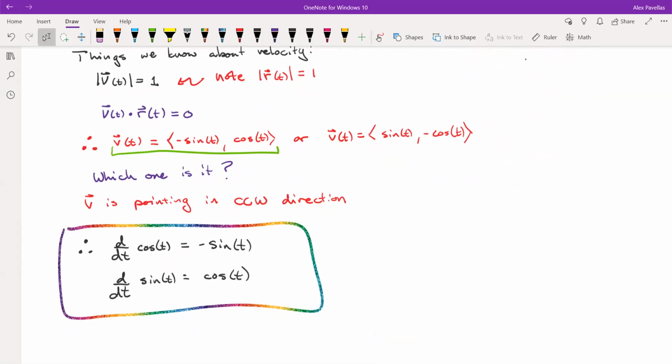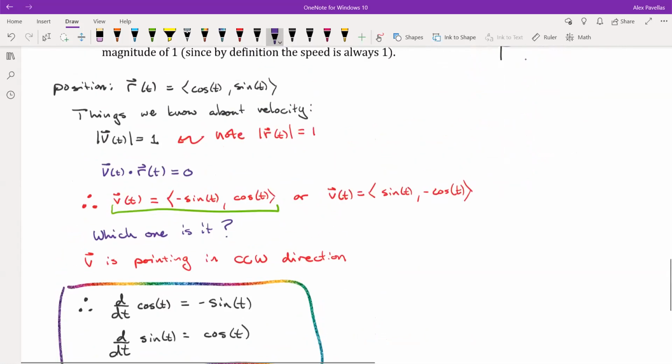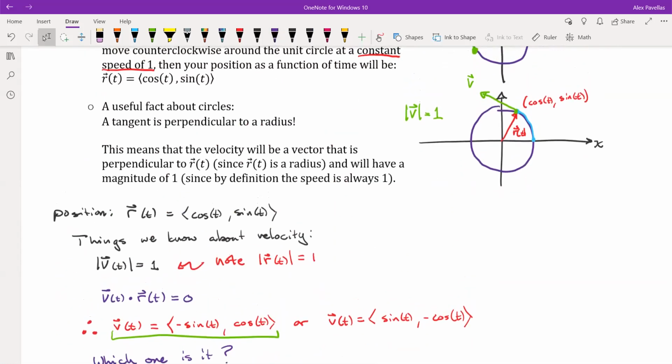In fact, if we just include starting values for cosine and sine, since I'm at the point (1, 0) at t equals 0, that gives us cosine of 0 is 1, and sine of 0 is 0.